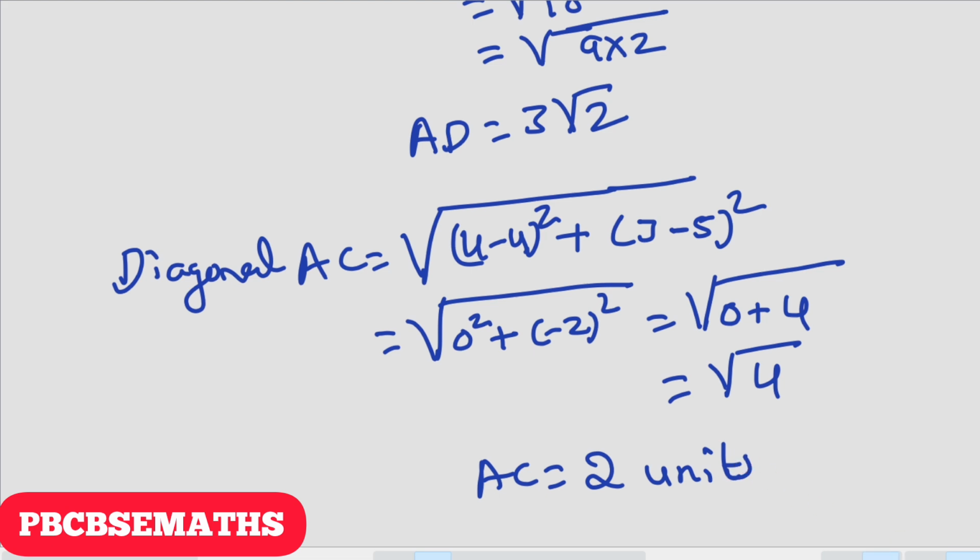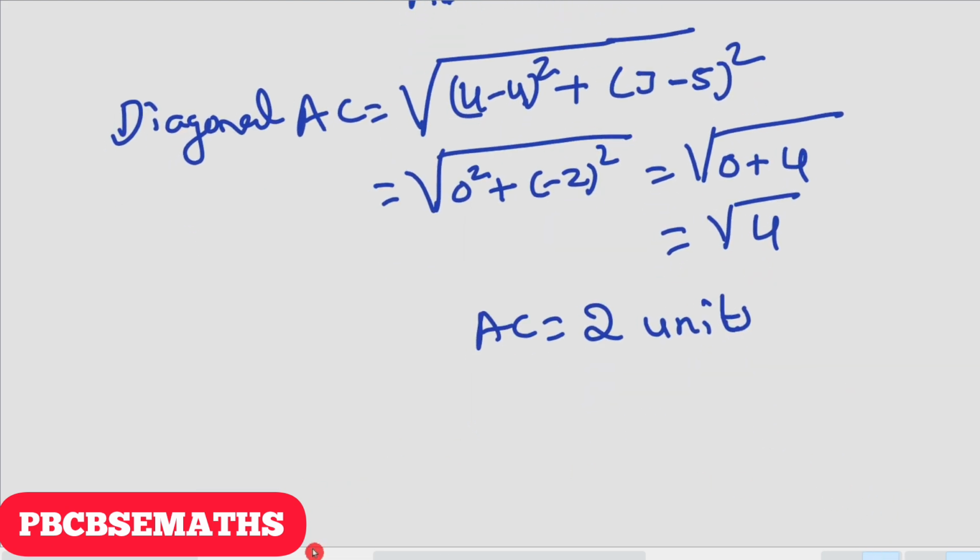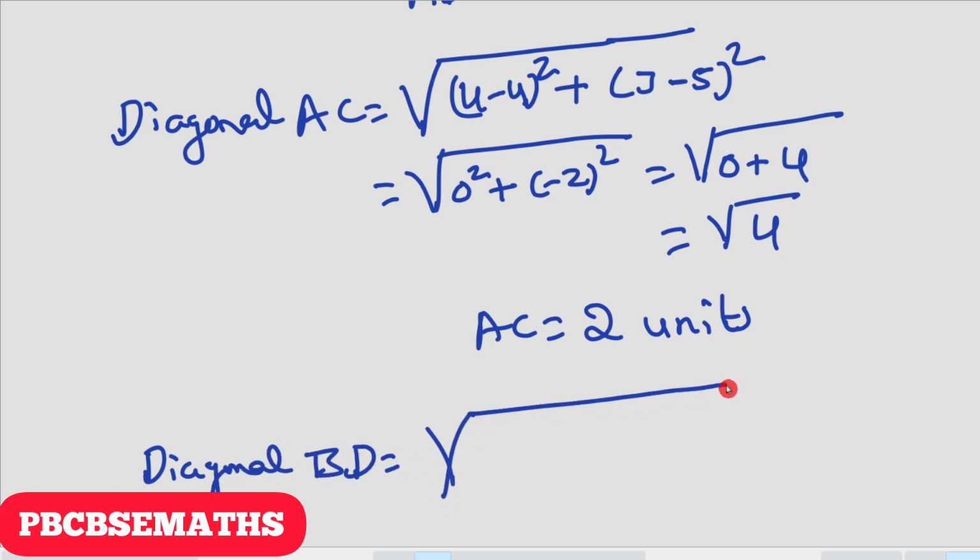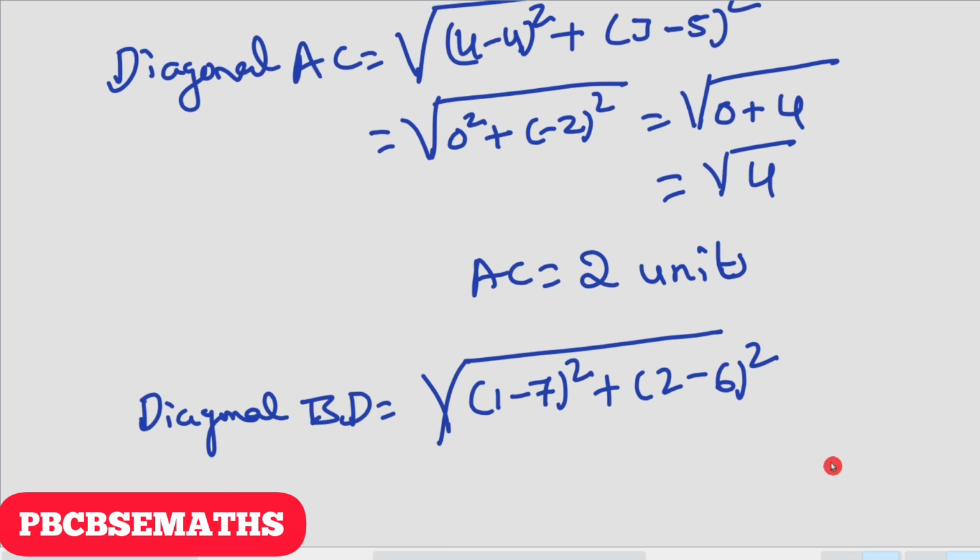Let's find the value of the other diagonal BD also. So diagonal BD is equal to square root of, consider B as x1, y1 and D as x2, y2. Then we have (1 minus 7) whole square plus (2 minus 6) whole square. Let's simplify this.